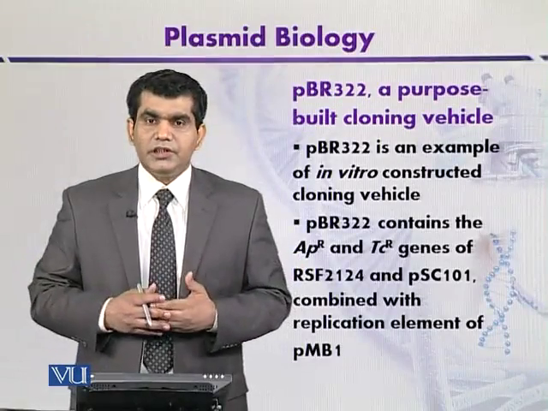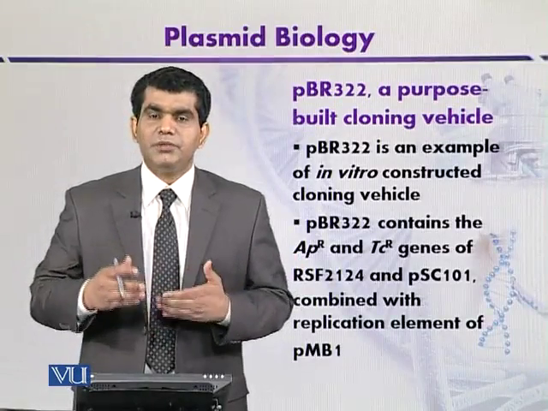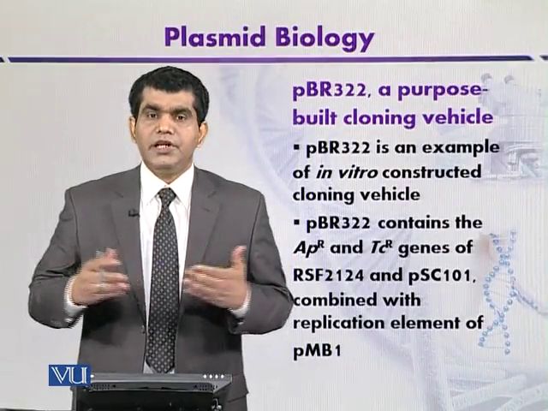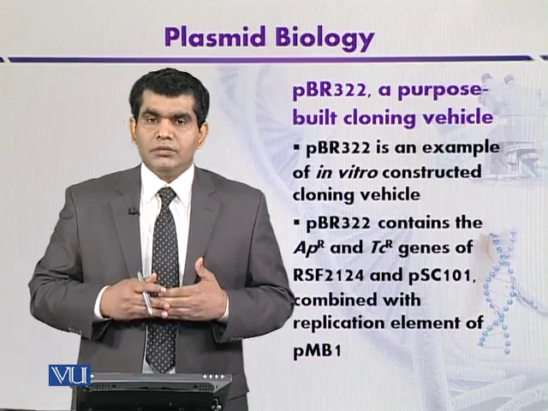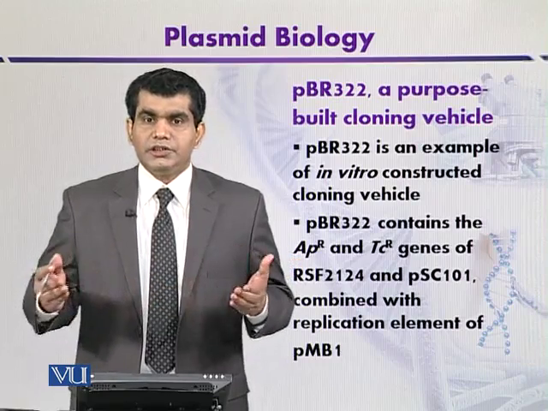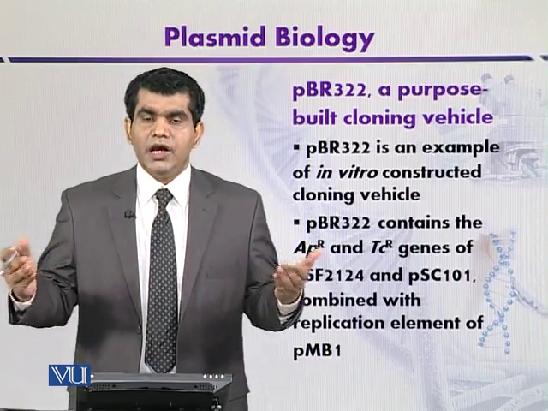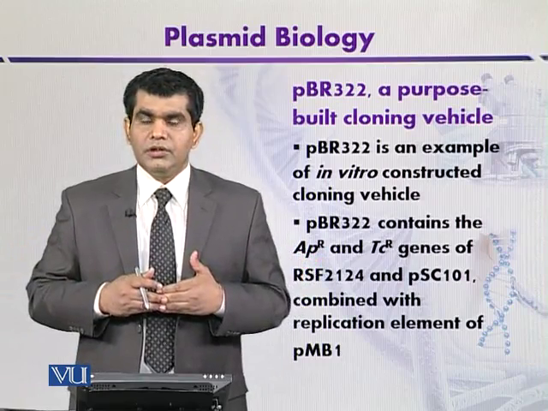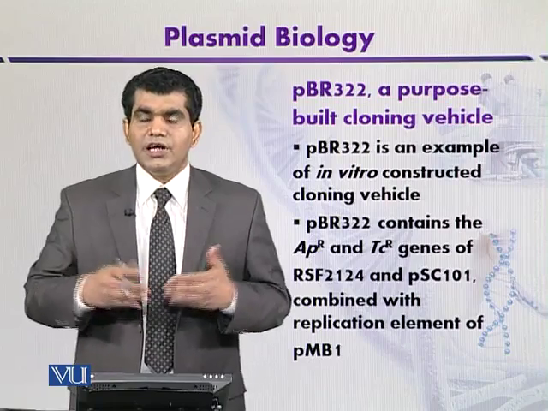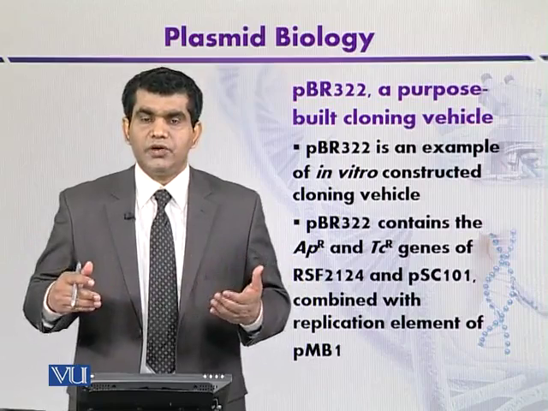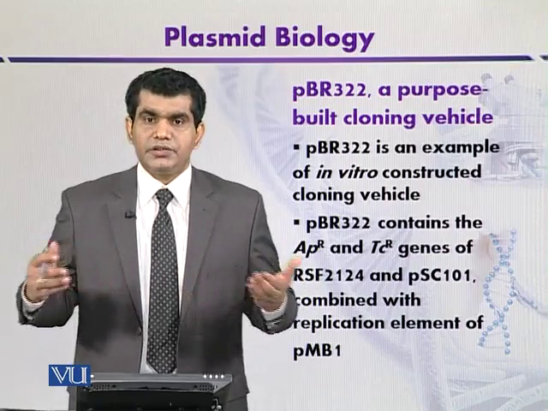Now we have the idea that natural plasmids can be used for DNA cloning. Why? Because they contain single restriction sites for different types of endonucleases. Additionally, they also contain selectable markers like the genes for antibiotic resistance.